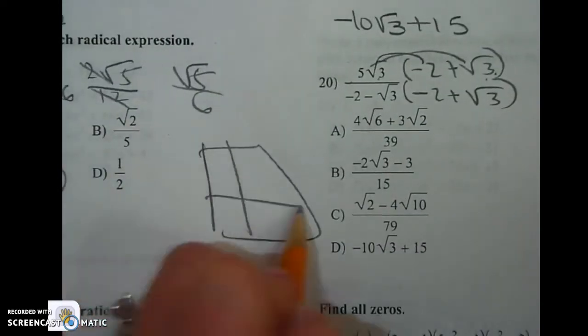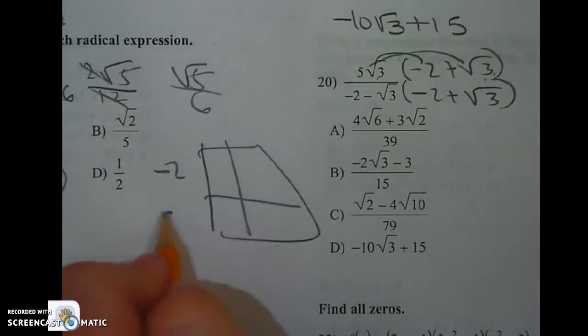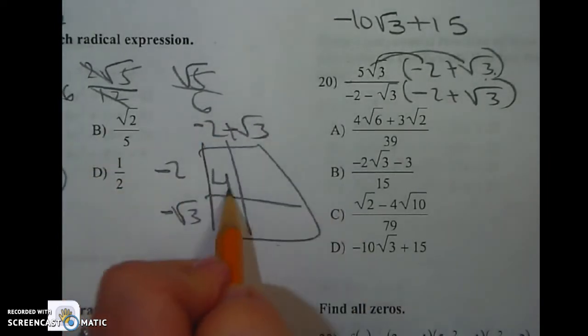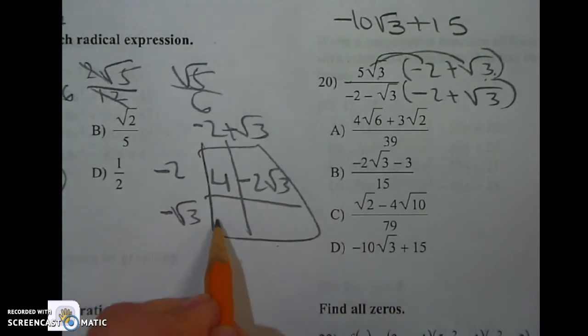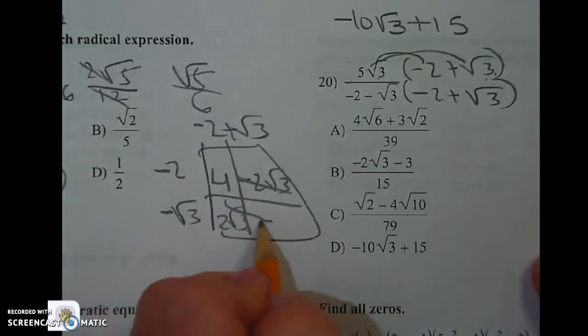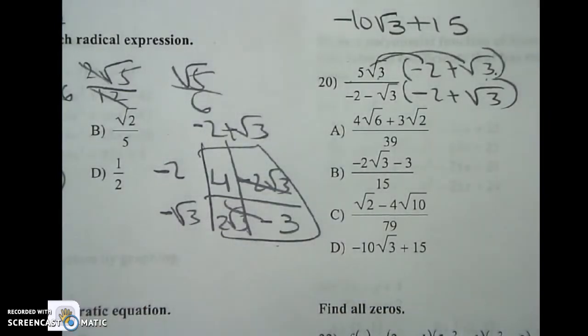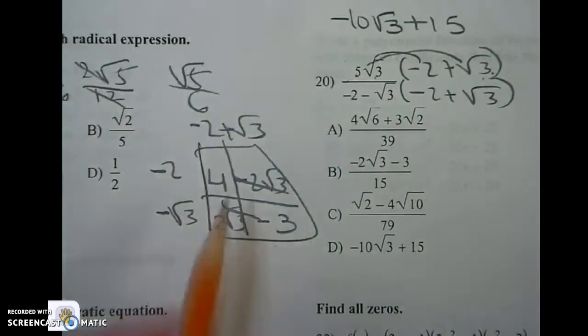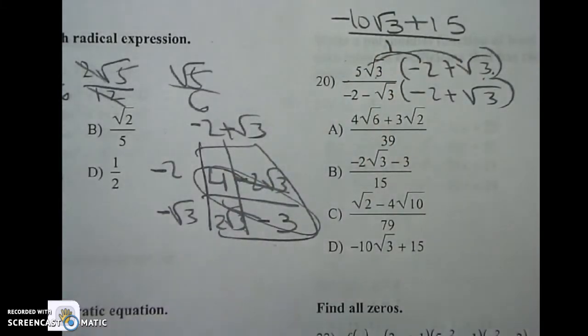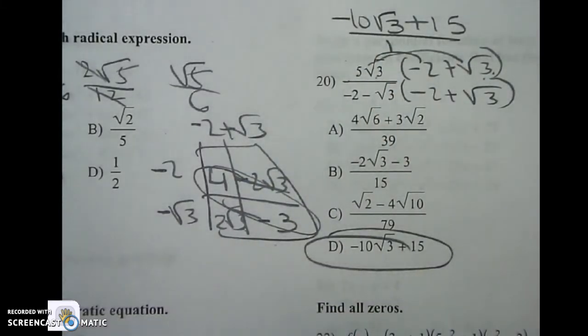I'm going to box out the bottom. Negative 2 minus rad 3, negative 2 plus rad 3. Now remember, the goal of this is to make the radicals go away. So that's negative rad 3 times rad 3 is 3. Okay. There's no imaginary numbers. That was the previous page. Now 4 minus 3 is 1. And anything over 1 is itself.